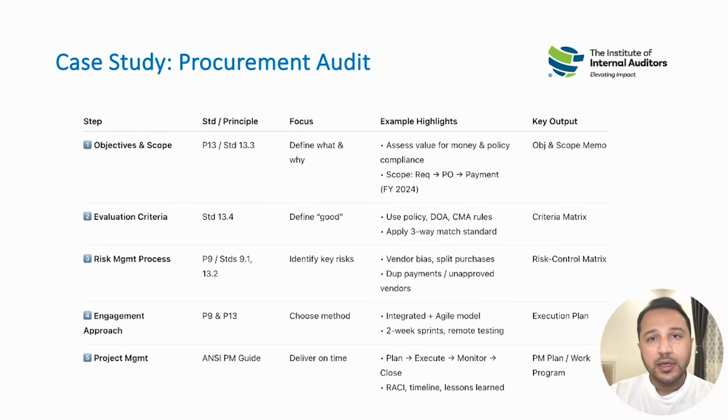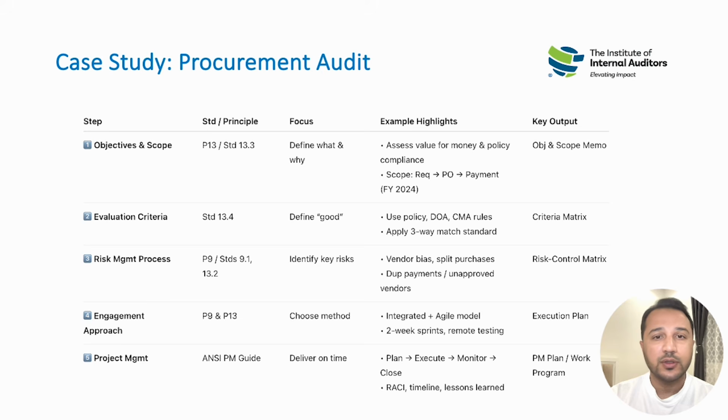This is the last slide where I try to comprehend all the sections and give you an illustration of a procurement audit and how each section can have a role or the activity that is supposed to be performed.